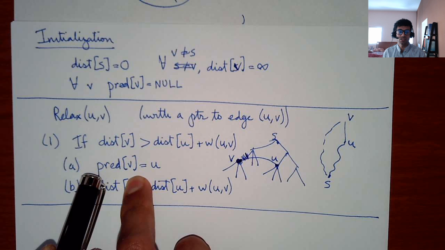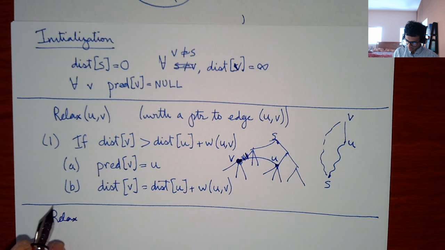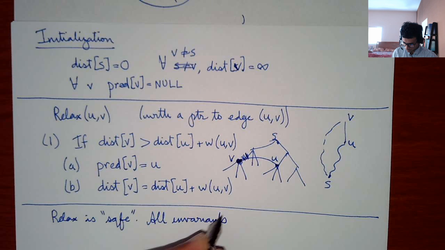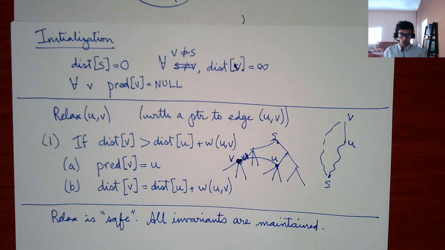The important property is that relax is safe, meaning that all invariants are maintained. This is really important. The invariants are always maintained if you call relax.